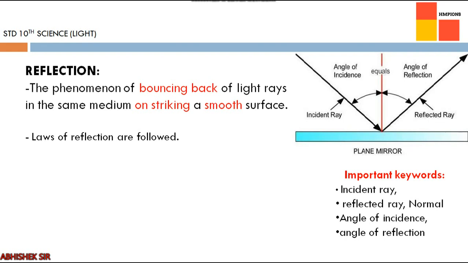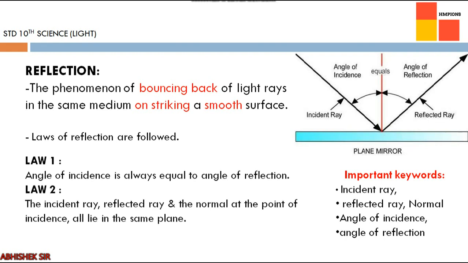Now, when reflection occurs, it occurs on the basis of a few basic laws of nature. Those laws are called laws of reflection. As we have already studied these laws of reflection in the lower standards, we'll be revising them very quickly.